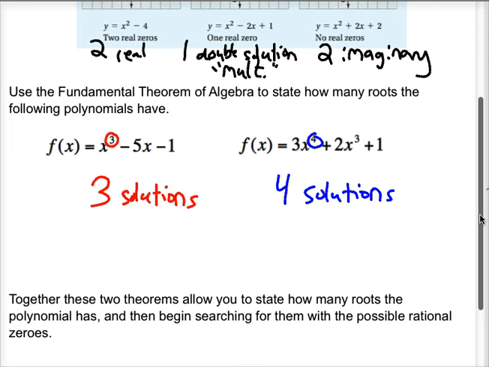So again, that's the power of this fundamental theorem of algebra, it's telling you how many solutions you're looking for. Then paired with the rational root theorem, that gives you a starting point for finding those solutions. So these really work hand in hand to help guide you to all of those zeros. In our next 2 videos, I'll be showing you how to find all of the zeros, what strategies you can use.